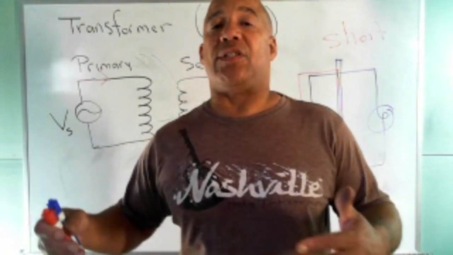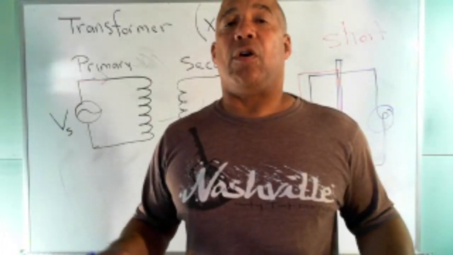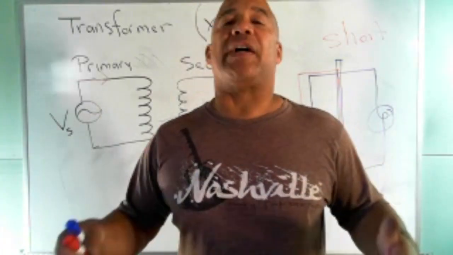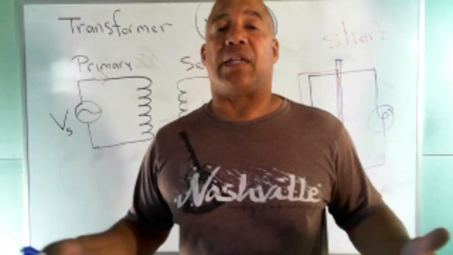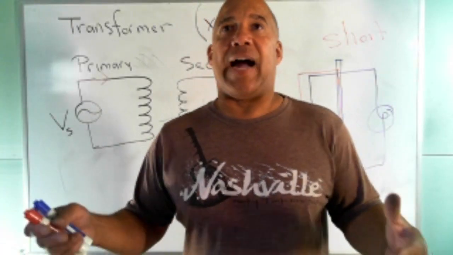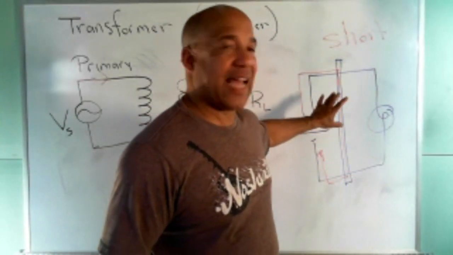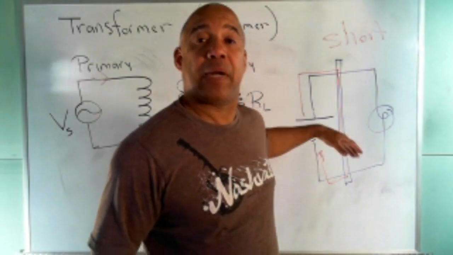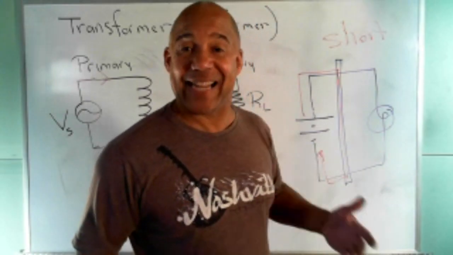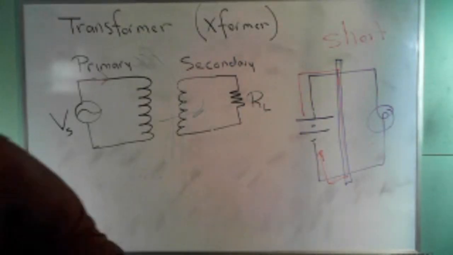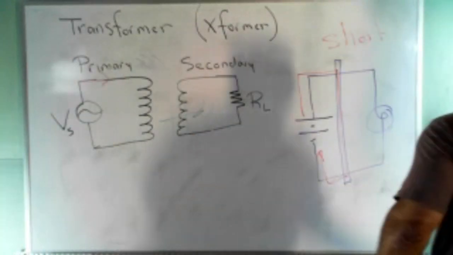Reluctance is opposition to the flow of magnetic flux. So flux takes the path of least, not resistance, flux takes the path of least reluctance. So for all practical purposes, I can have an electrical short, but I can also have a magnetic short. You can have a magnetic short. What would that look like? Well, let's think about it. What would that look like? Here's what it would look like.